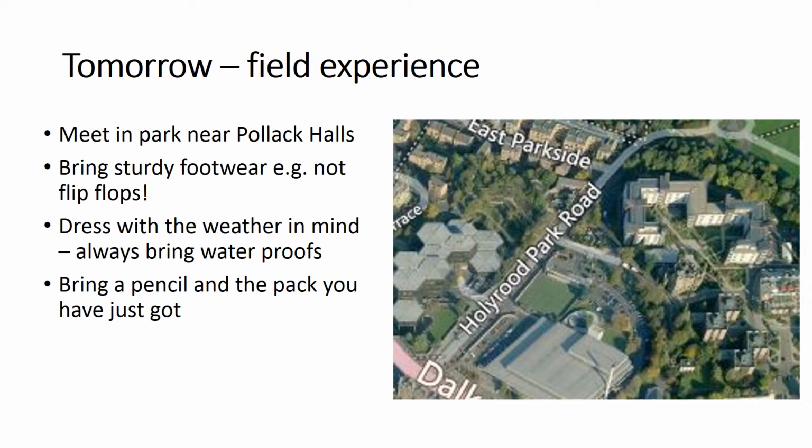So what we're going to do is, this is rubbishy Google Earth images of Pollock Halls. These are Pollock Halls. The main entrance reception is this building here. So at 9:30 tomorrow, I will be at this roundabout, as so will you.